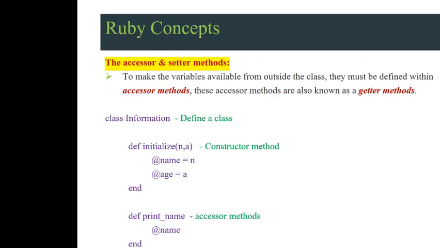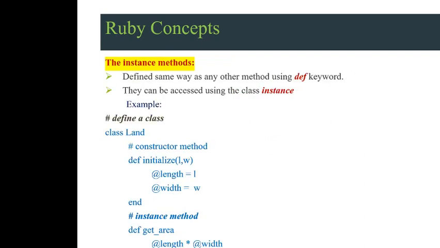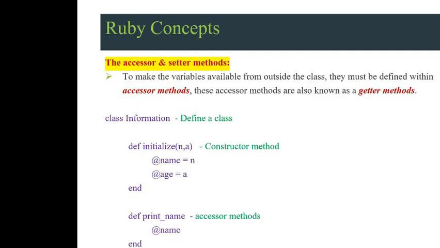I'm not printing, though. So what would be the result here? Nothing, because only if you print out this variable will you see the actual value. I don't have any puts anywhere.